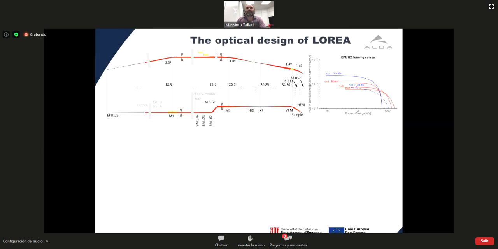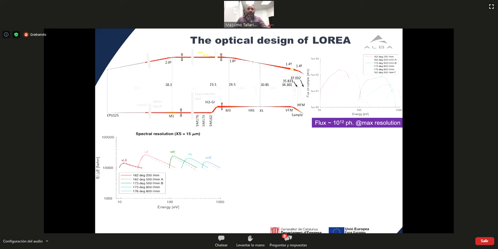Just some main information regarding the photon energy range. This will go from 10 to 2000 eV, so it covers the ultraviolet and the soft X-ray. I show you here also some information regarding the optical path and the flux that we have, which we try to maintain very high, at least in the region 10 to 1,000, 10 to 100.